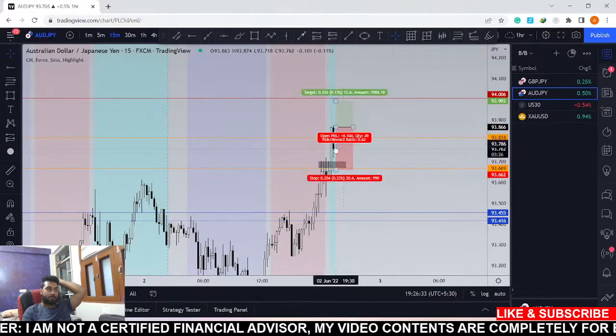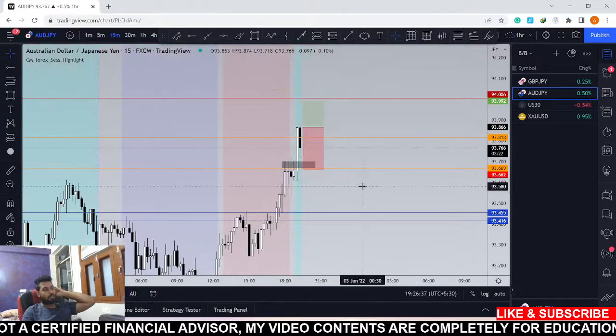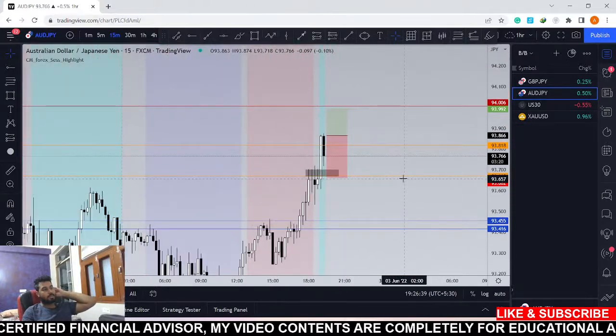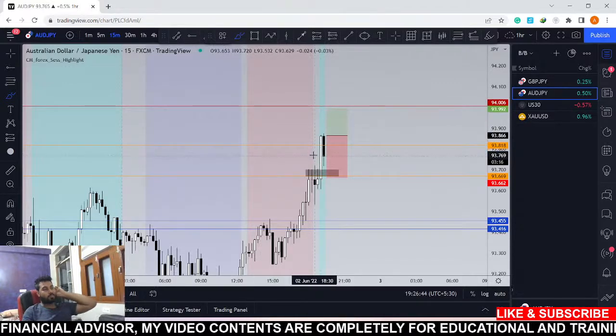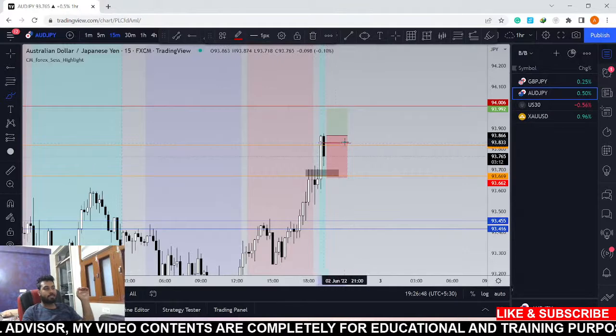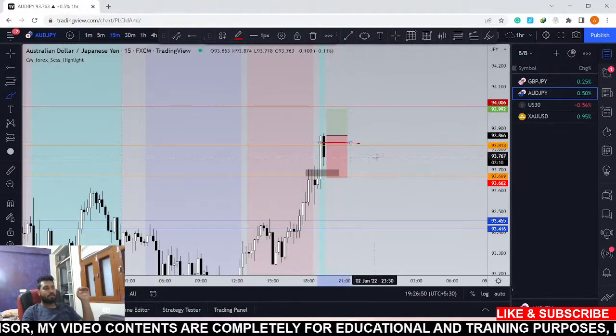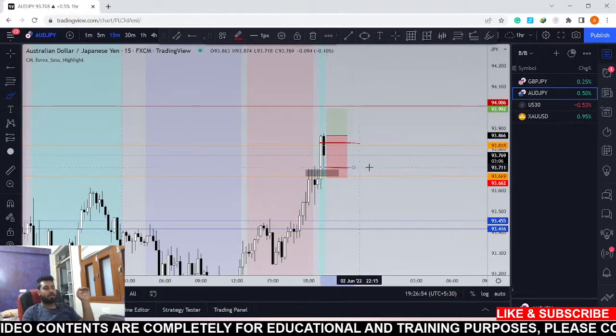But if I were in this entry, then I would definitely exit at around 0.5% risk. If the candle comes up and closes at this area, I will place my stop loss below this candle.